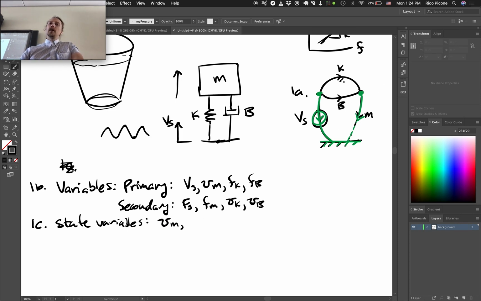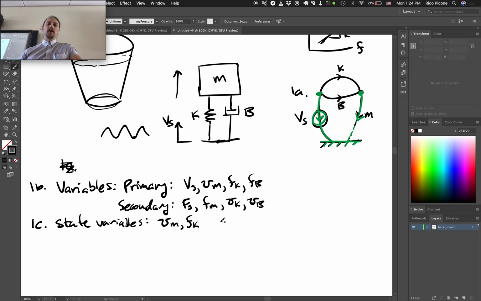And also we need to look for links that are T-type energy storage elements. Our K here is a link, so it is a T-type link, and its through variable FK is our state variable there. That's all we've got of either of those types. So we've got 2 state variables.